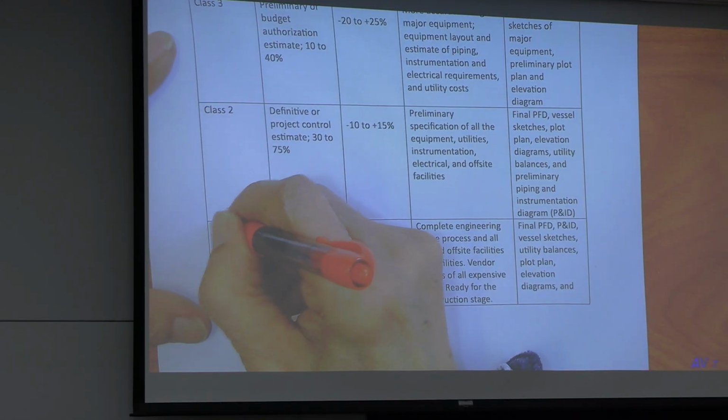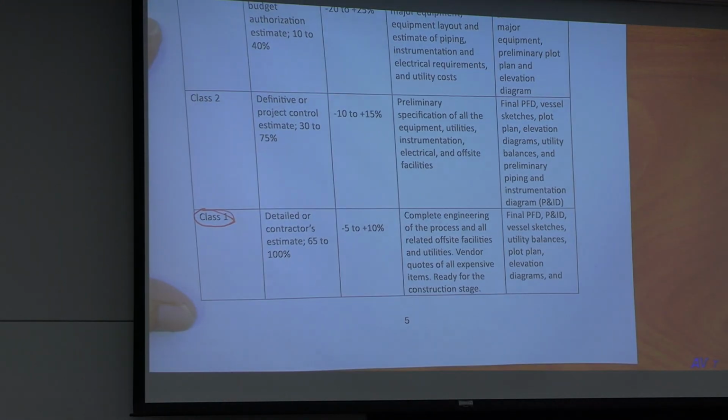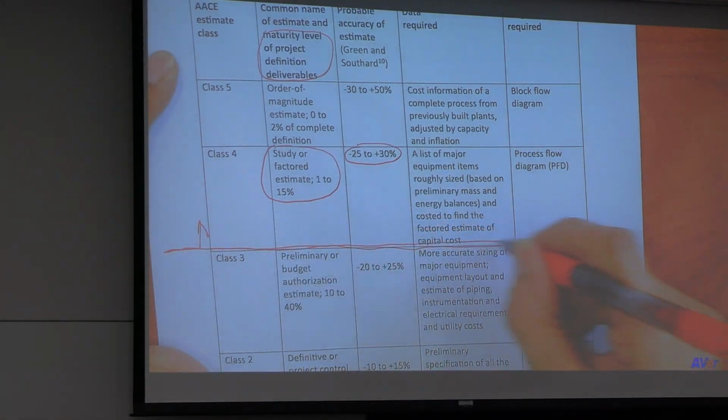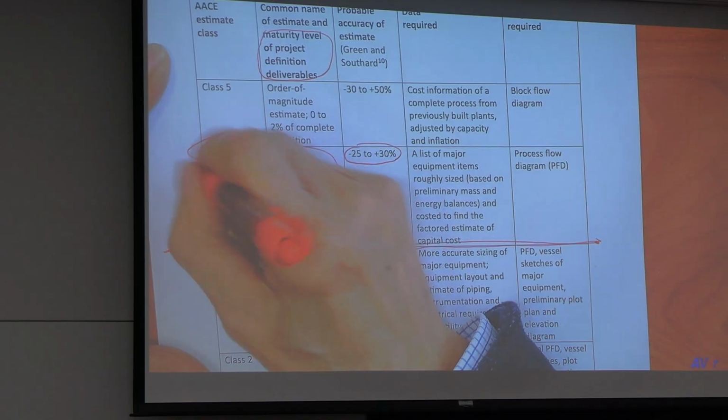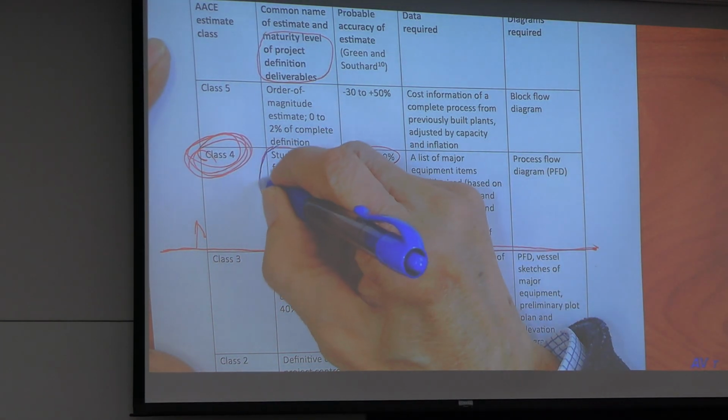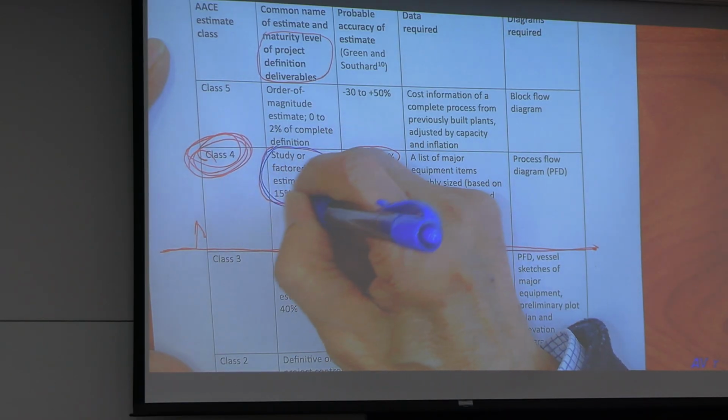Class 1 is fully done, completed build, going through detailed contractor estimation. For our purpose, we're doing class 4, study or factor estimate.